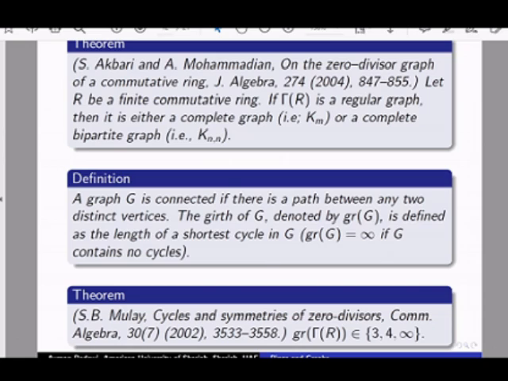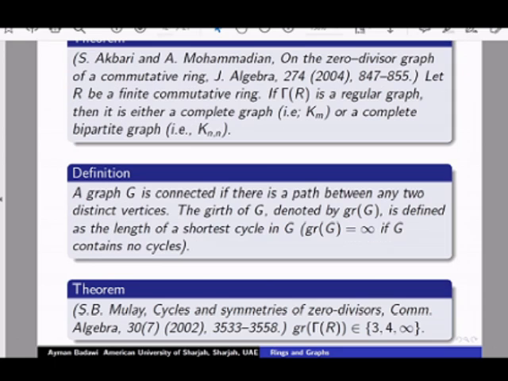No cycle in the graph means the girth is infinity. Okay? There is one theorem, it seems. Before I give you this theorem by Mollet in 2002, remember, the first paper was in 1999.